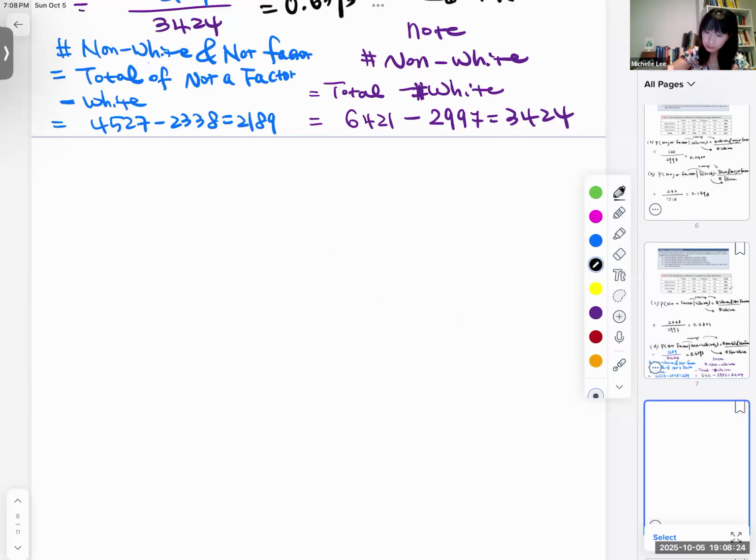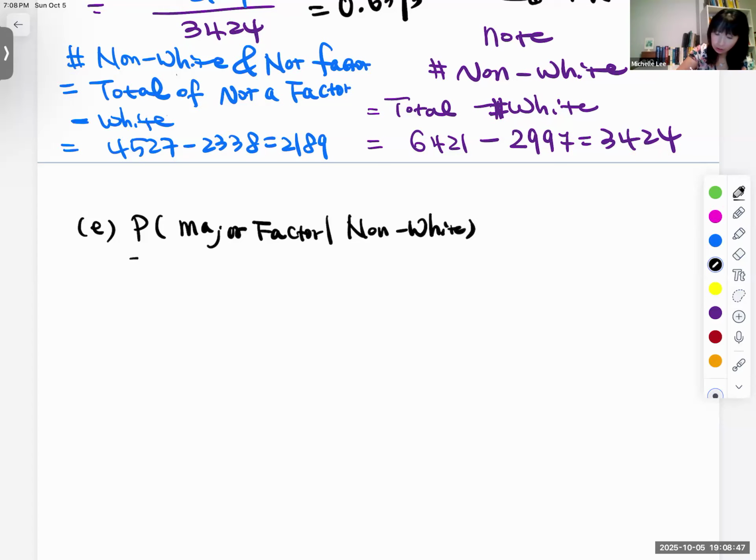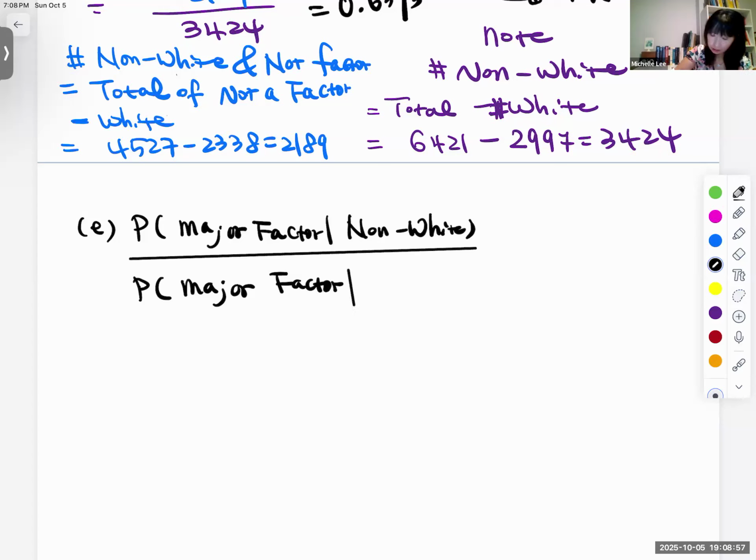Okay, the last one, what was it? E, right? E. So what's the probability of major factor given that non-white, over the probability of major factor given that white, right?